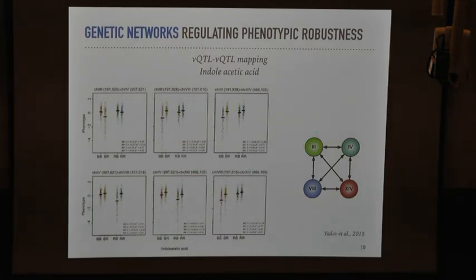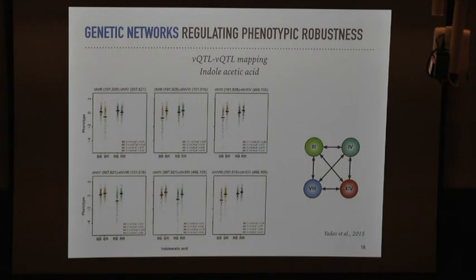So this becomes a genetic network which is holding the phenotypic robustness in place, and a loss of specific combinations of alleles leads to loss of phenotypic robustness. Not just this, there were several others, genetic networks which regulate phenotypic robustness and interact with each other to maintain phenotypic robustness.